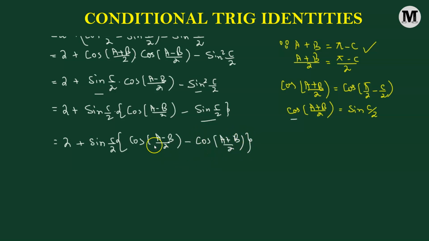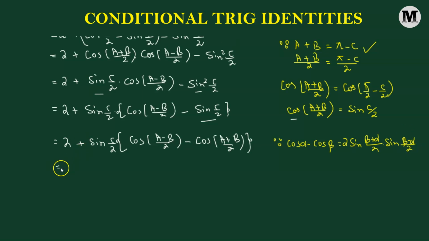We have done this because we have the difference of two cosine functions. We know that cosine of alpha minus cosine of beta transforms to give us 2 times sine of beta plus alpha over 2 multiplied by sine of beta minus alpha over 2.